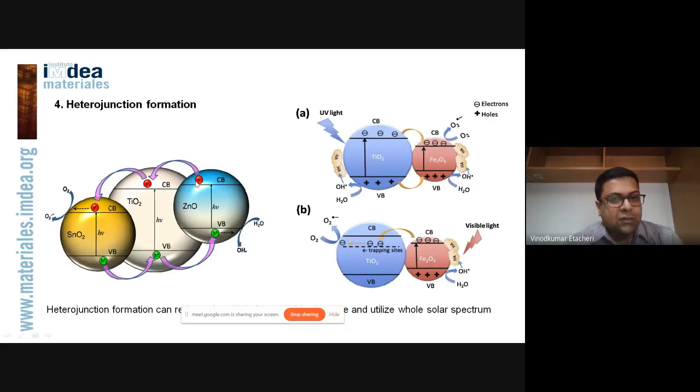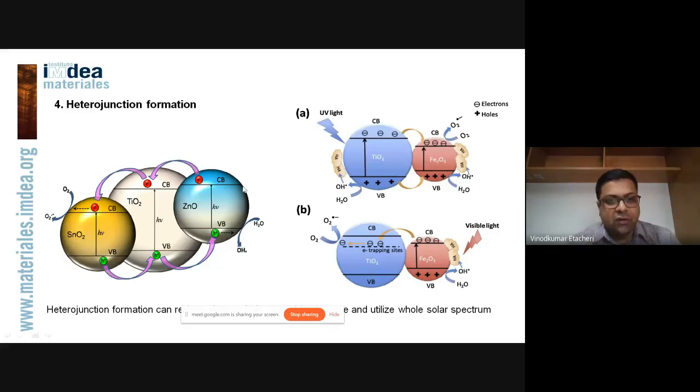In the case of zinc oxide, the conduction band level is higher than TiO2. But if you check tin oxide, then the conduction band level is lower than that of TiO2. And the valence bands are also at different levels. So by properly coupling different semiconductors, it's possible to design a high performance catalyst.